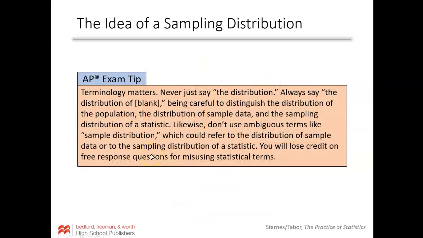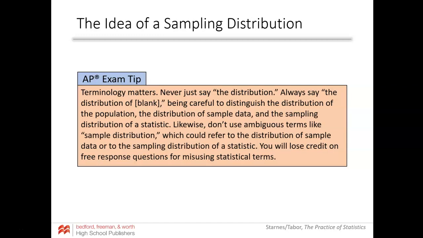All right, so exam tip. Terminology matters. Never just say the distribution. Always say the distribution of, and then fill it in with the right word. Be very careful to distinguish the distribution of the population versus sample data versus the sampling distribution of a statistic.